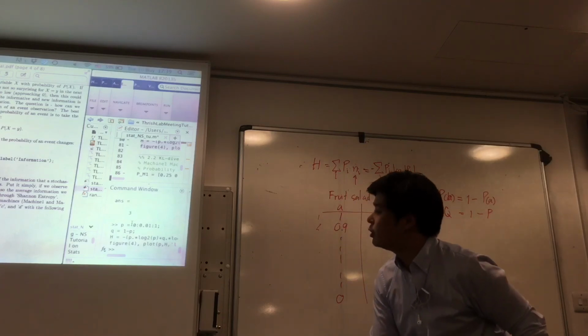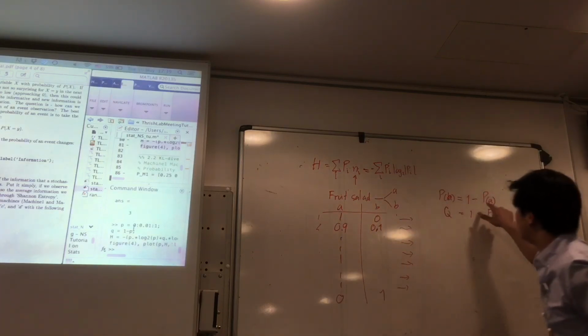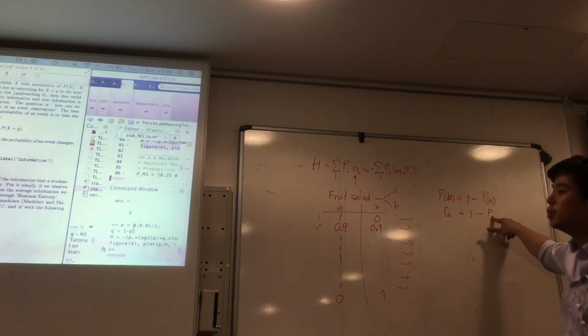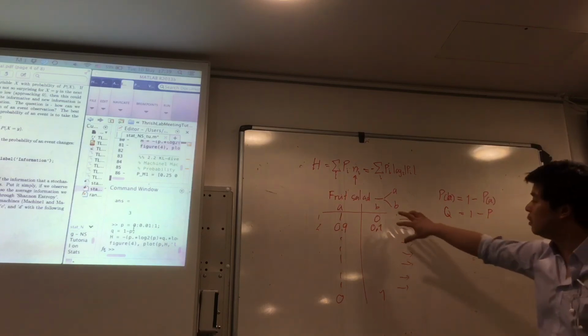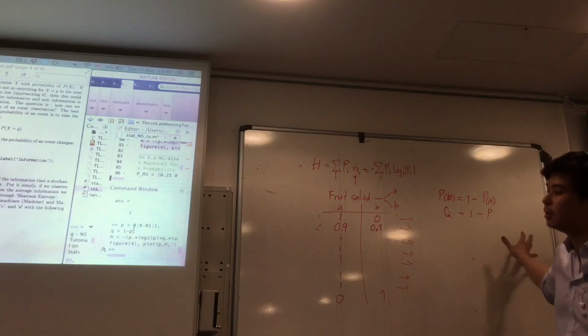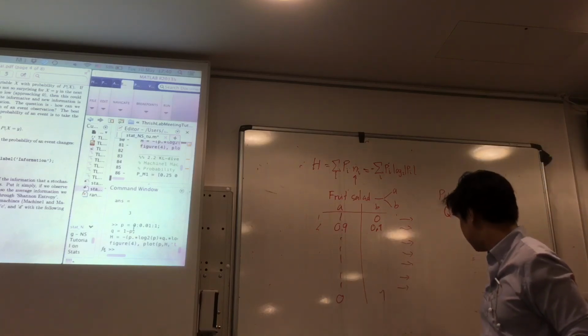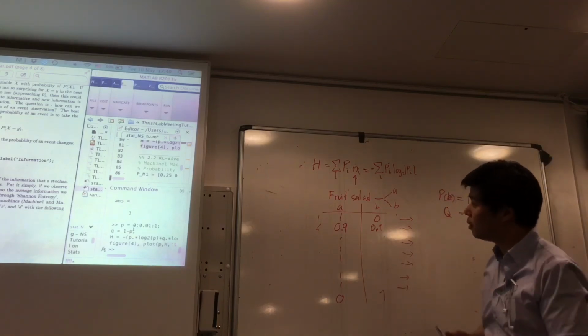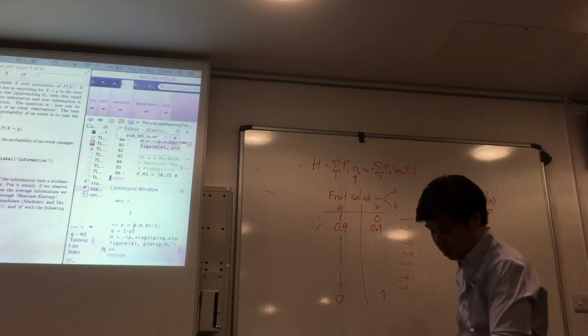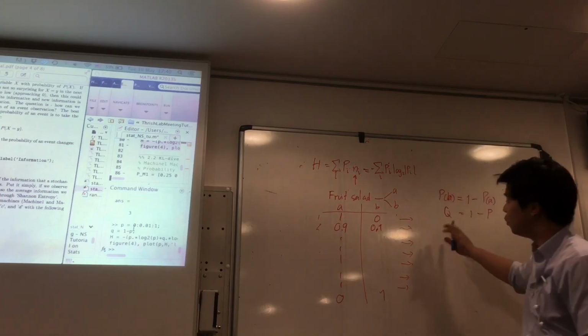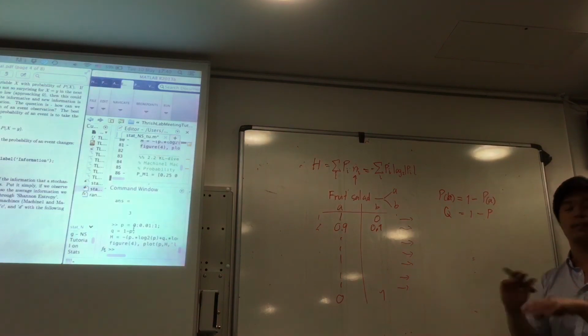What I do is I plot P from 0 to 1, and Q from 1 to 0 basically. And I compute the Shannon entropy given these two distributions, so I sum them up.